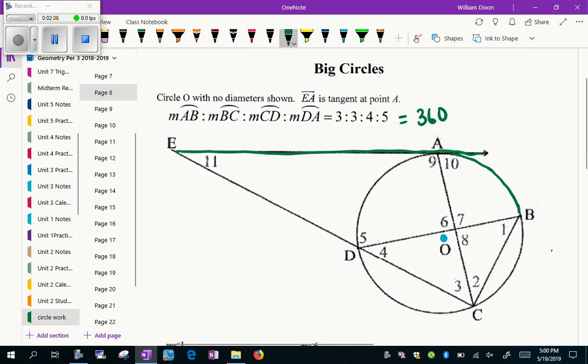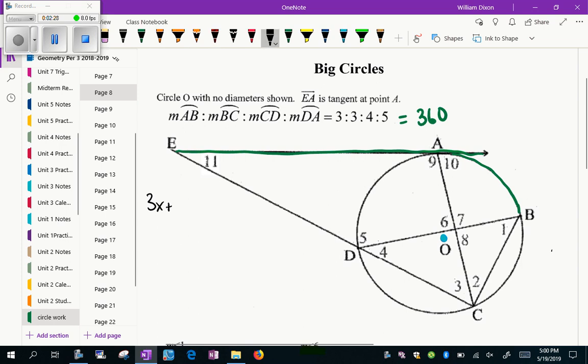Now, how am I going to find out what each one measures? Well, I know some of you have already started. Yes, that's right, we're going to start our equation. We don't know what it is, so for the unknown we use x. If we add them together, the measurement is going to be 360 degrees.